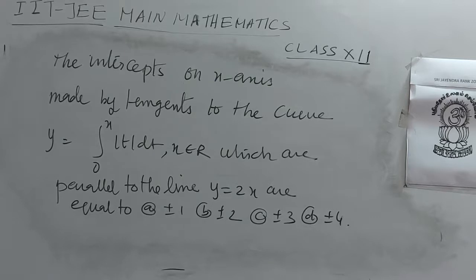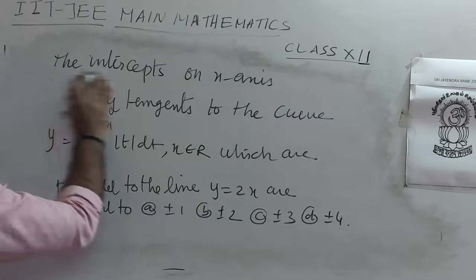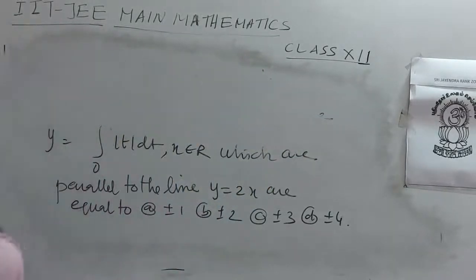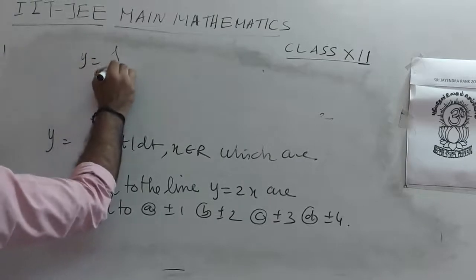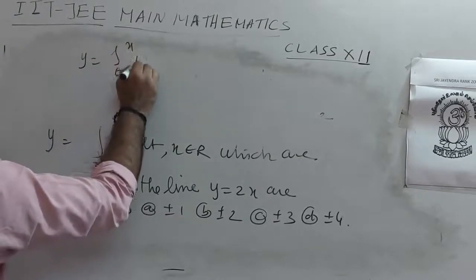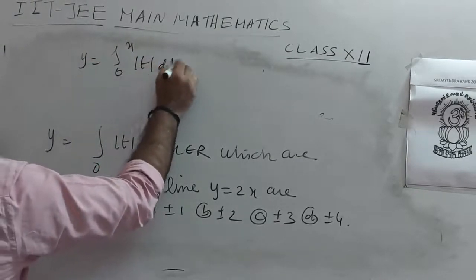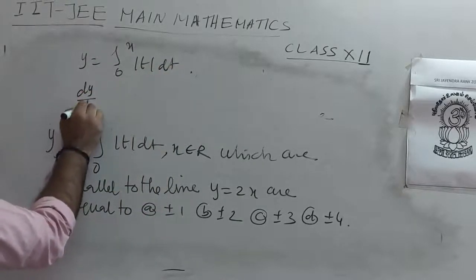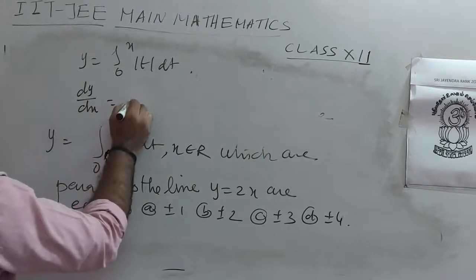First we have to find the slope of the tangent. So y equal to integral 0 to x modulus t dt. So dy by dx.